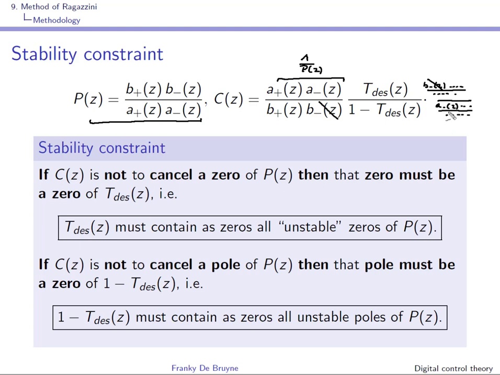You can see here that the zeros here in 1 minus t desired are the unstable poles of p of z, and so what will happen is that this one will cancel with this one, so a minus z will completely disappear from the controller design, and you cannot have an unstable pole zero cancellation of these unstable poles of the process over here.